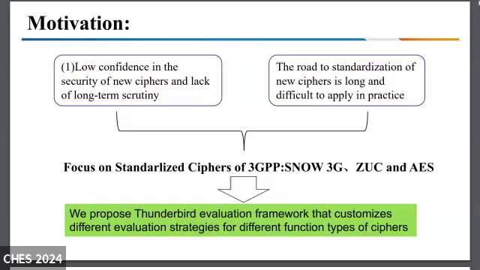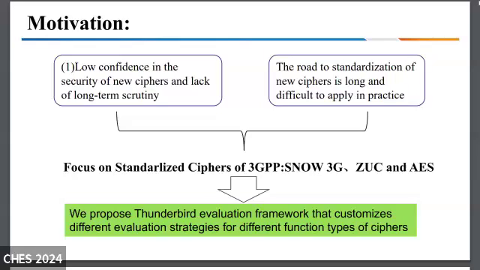But however, in this paper, our motivation is that for these new FHE-friendly ciphers, I think we have very low confidence in the security of these new ciphers, and they lack long-term security analysis like AES, and the road to standardization of these new ciphers is very long and very difficult to apply.